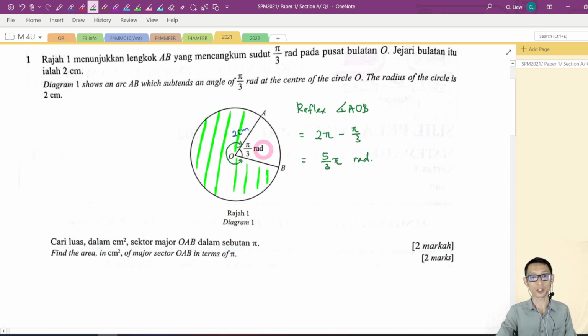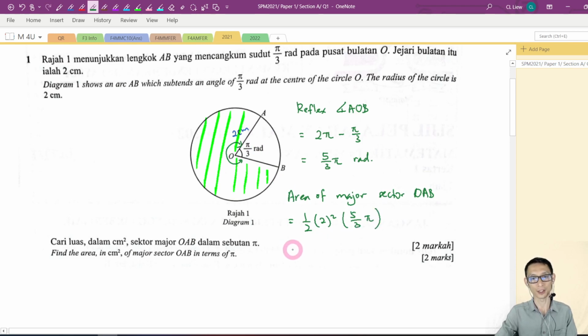Okay, now we have gotten the angle here, then there should be no problem to get the area of this sector. What is the formula for finding the area of a sector? 1 over 2 r squared theta, right? The theta must be in radian. Okay, area of major sector OAB, 1 over 2 r squared theta, 5 over 3 pi radian.